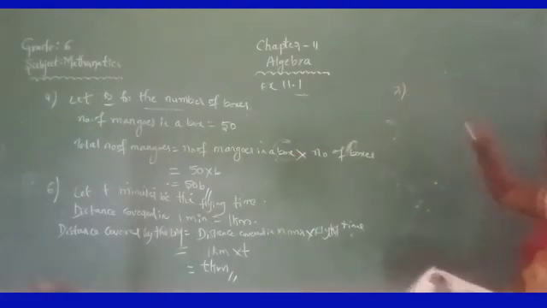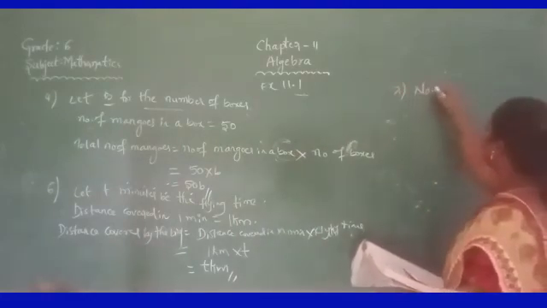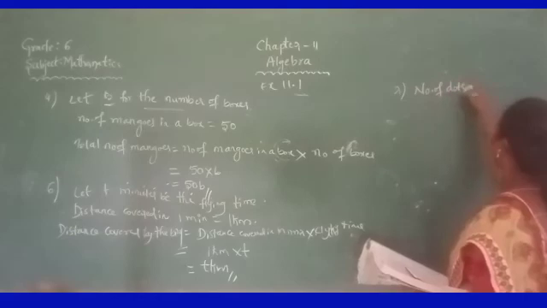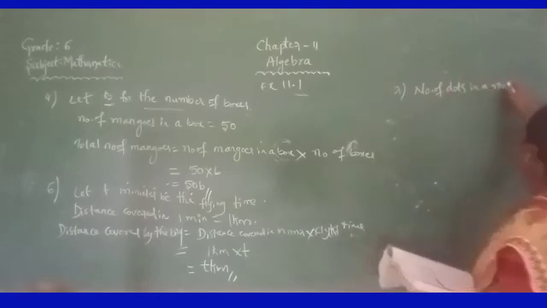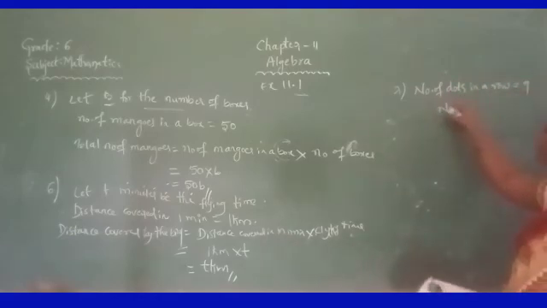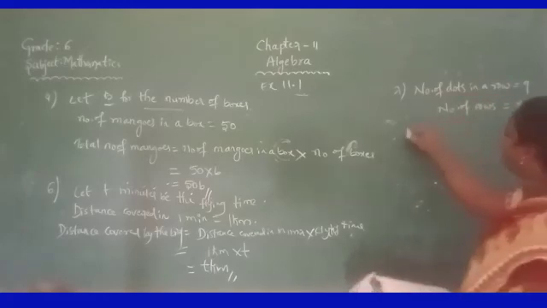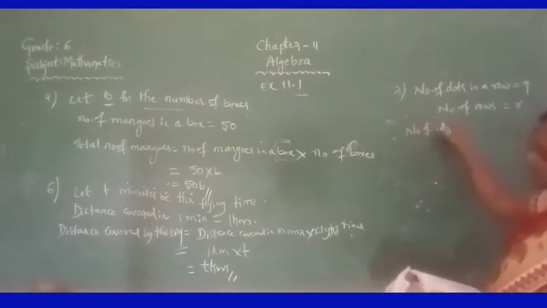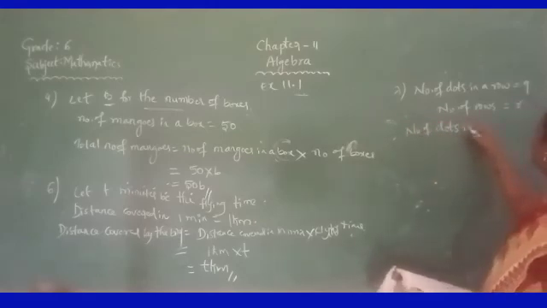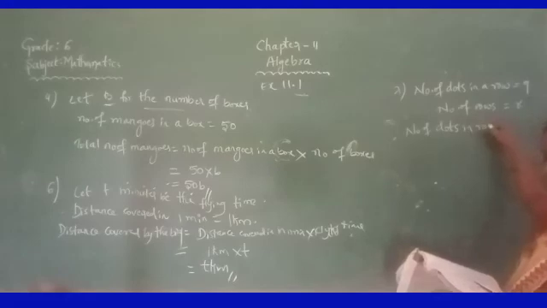The number of dots in a row is 9. We don't know the number of rows, so let the number of rows be R. We have to find the number of dots in R rows.